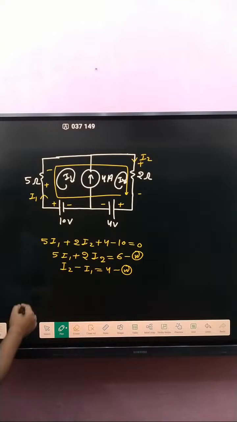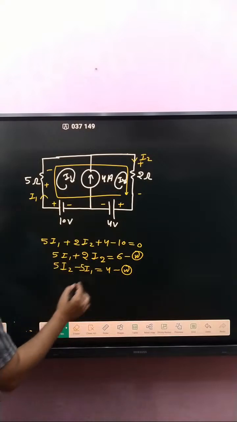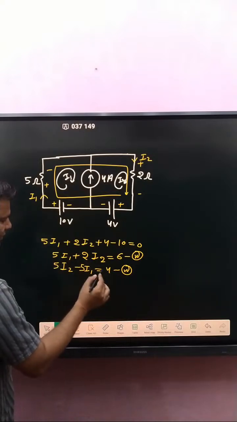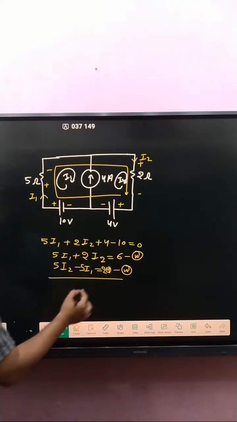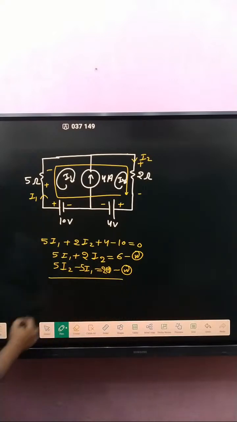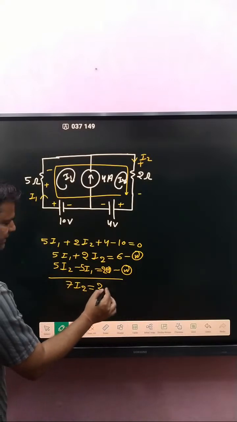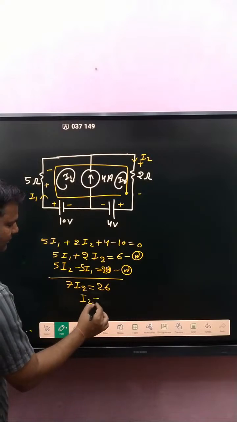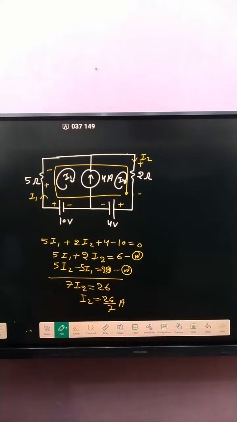Okay. Now if we multiply by 5 on both sides, then we get 4 into 5, that is 20. Then after that, adding these two equations, we get 7I2 equal to 26. So I2 is 26 divided by 7 ampere.